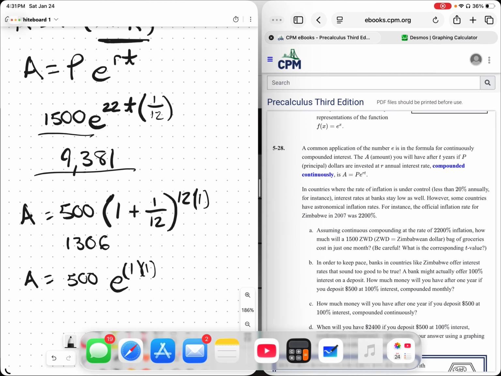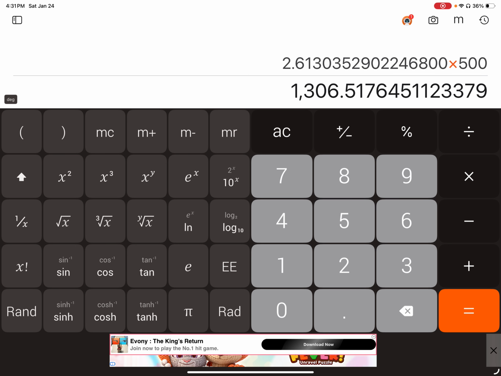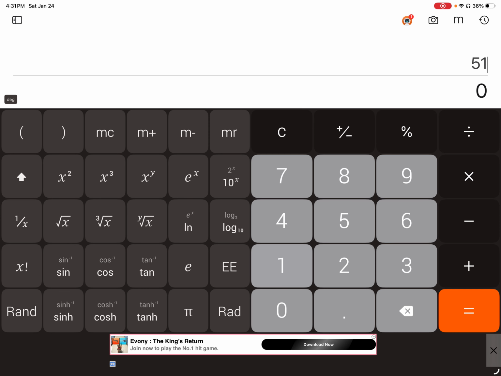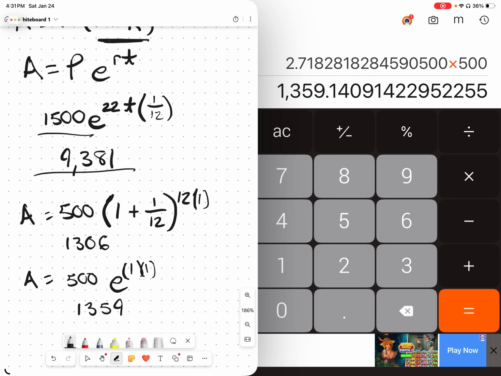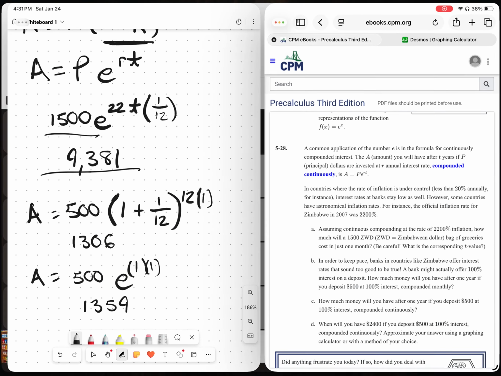Let's see if we can do this: 500 times e, or e to the first, times 500. That may be easier. It's $1,359. So obviously we would make more money if it was compounded continuously.